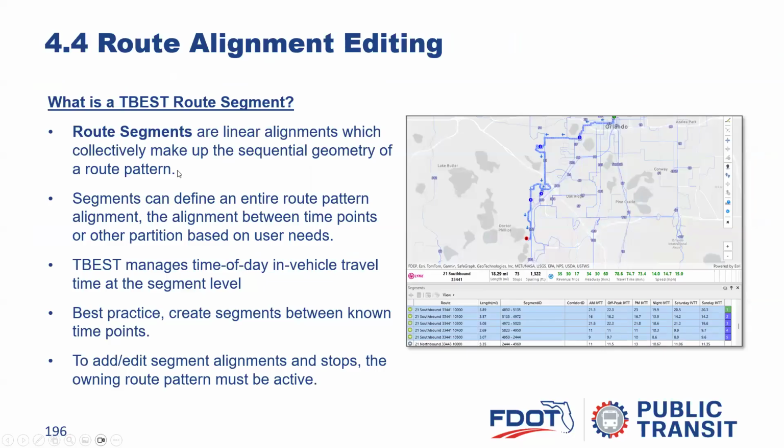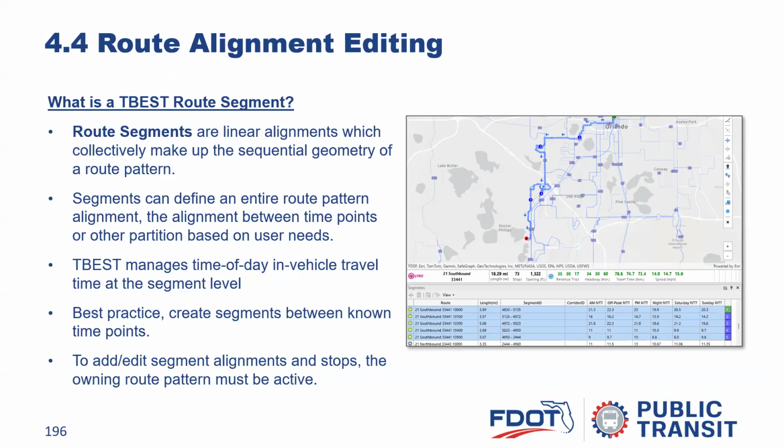All right, so what is a TBEST route segment? Route segments are linear alignments which collectively make up a sequential geometry of a route pattern, meaning that their endpoints are connected, right? So when you're developing a network, networks need to be connected, and the same applies with TBEST.